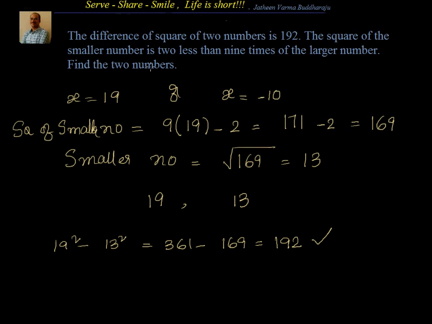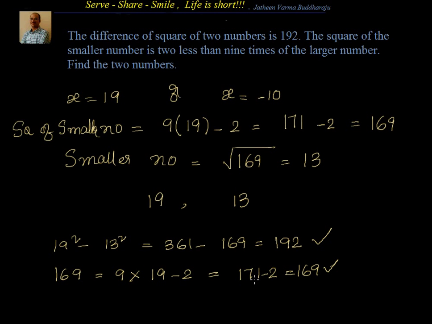Square of the smaller number, that is 13 square, 169, is equal to 9 times the larger number minus 2, that is 9 into 19 minus 2, which is equal to 171 minus 2 equal to 169. So we got the solution correct.